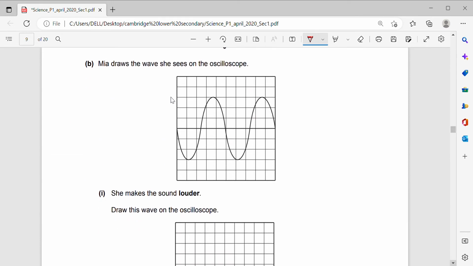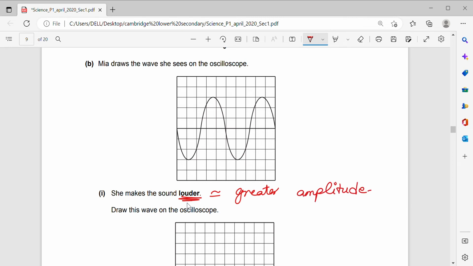Mia draws the wave she sees on the oscilloscope. She makes the sound louder. What does it mean she makes the sound louder? It means that we have here greater amplitude.